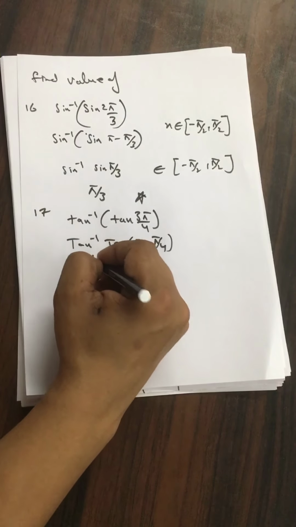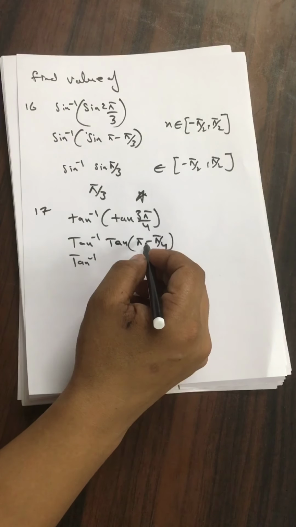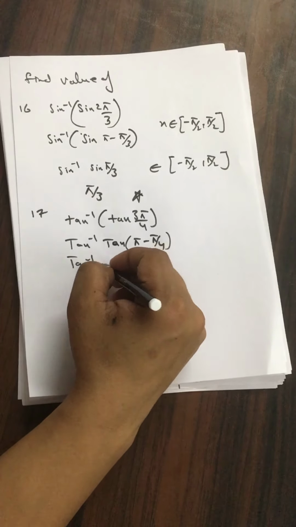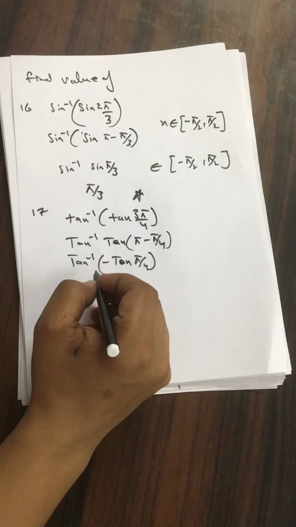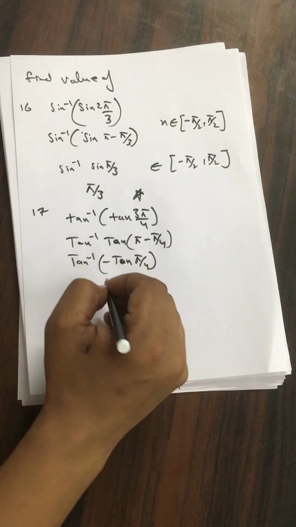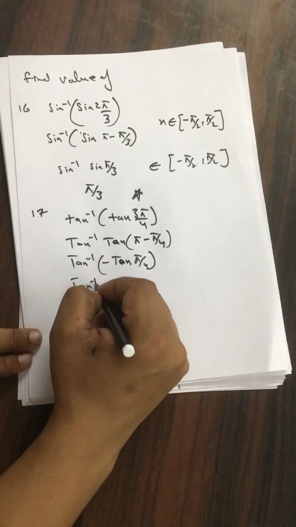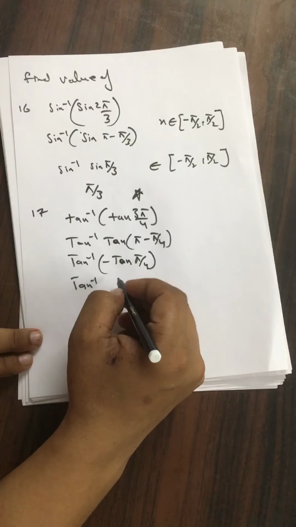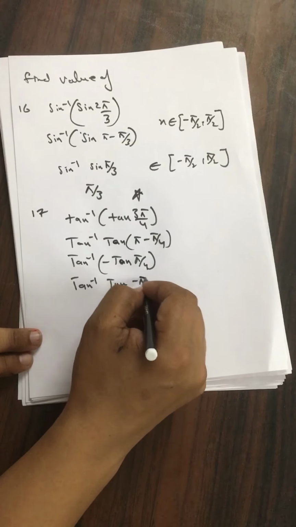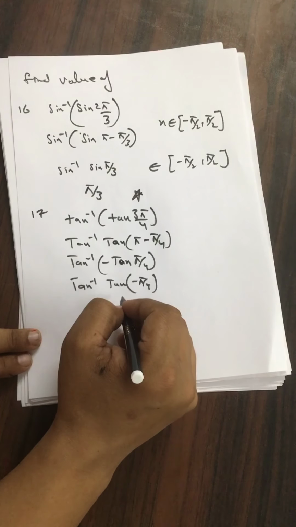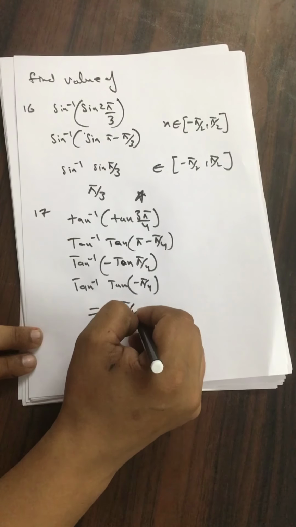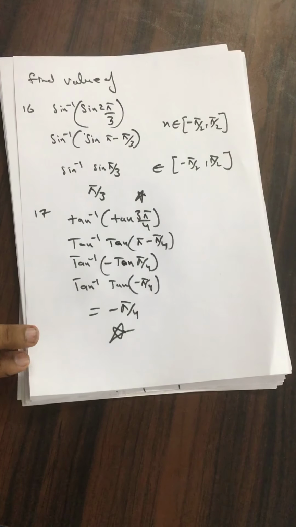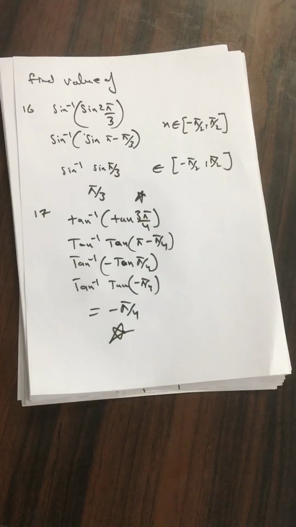Tan inverse, this is tan of pi minus pi by 4. So this will become minus tan pi by 4, tan inverse minus tan, so we can insert inside tan inverse tan minus pi by 4. Yes, this we have done in the first exercise. There should not be a problem. So minus pi by 4. That's it. Got it?